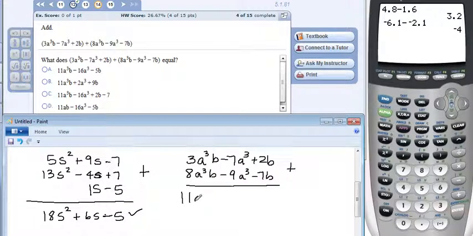So here I have 11a cubed b's. Here I have negative 16a cubed, and here I have negative 5b's. Now these are not alike because this does not have the b behind it. Remember, the whole lettered thing has to be exactly the same. Same letters, same power, same everything. Okay?